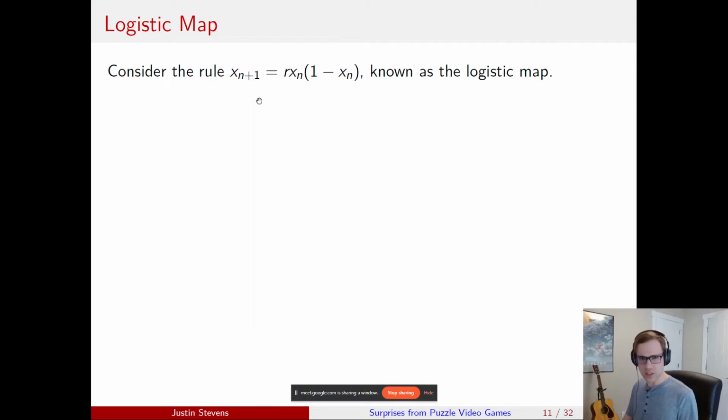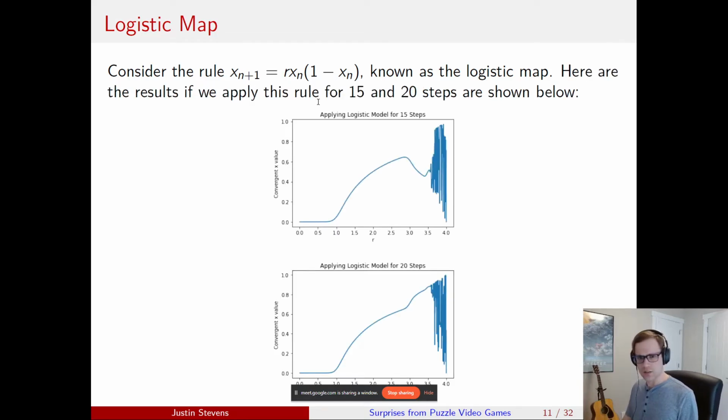It follows a pretty simple algebraic expression for an update, where x_{n+1} is a constant r times the previous value times 1 minus the previous value. And you can try to see what x value it's going to converge to. You take an x value, maybe between 0 and 1, and see where it converges to. And we can see what happens if we apply this rule for 15 or 20 time steps.